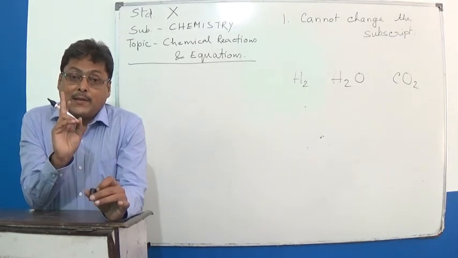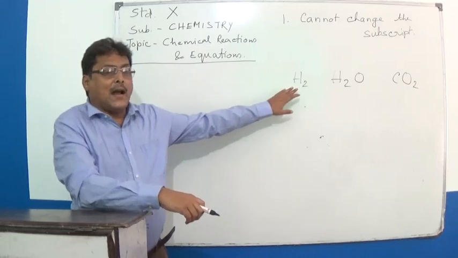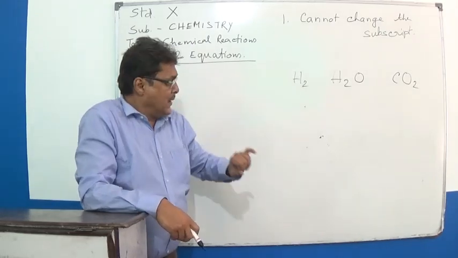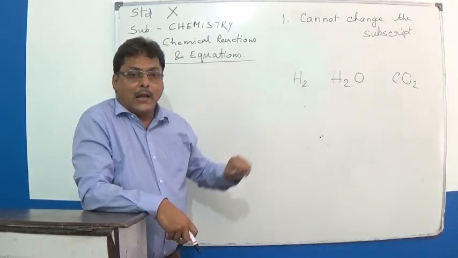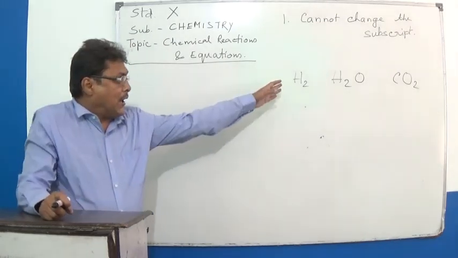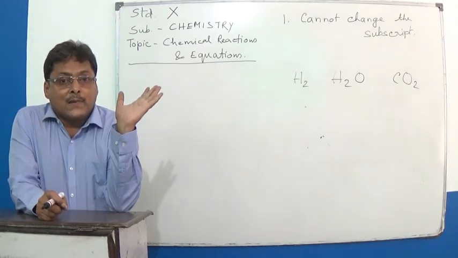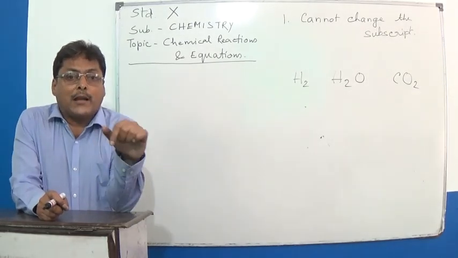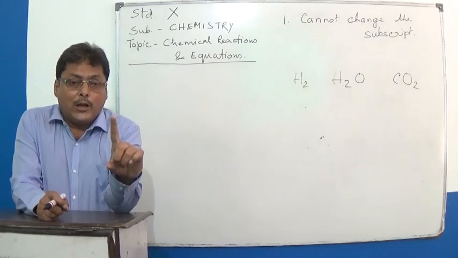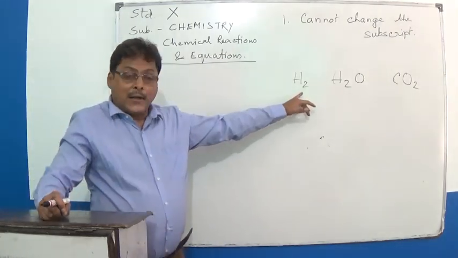Number one, very serious, because you know what this subscript means? In the molecule of an element like hydrogen, like oxygen, the subscript denotes the atomicity: how many atoms make up one molecule of that particular element. We cannot change this subscript.